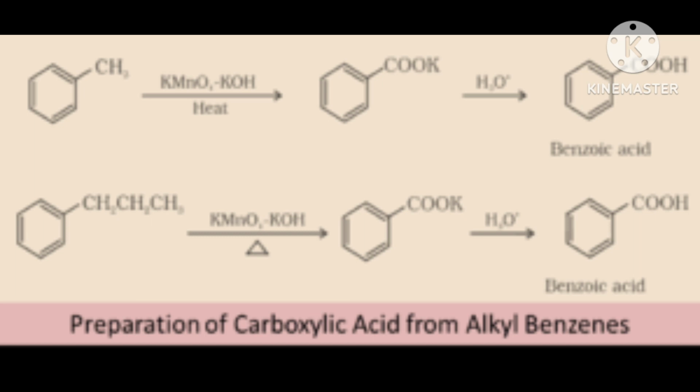Already I have discussed this. Now the next method of preparation of carboxylic acid is from Grignard reagent. Grignard reagent you know is RMgX. R means alkyl group, Mg is magnesium, X is halide, halogen group. Then Grignard reagent reacts with carbon dioxide, dry ice.